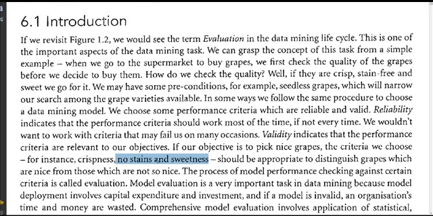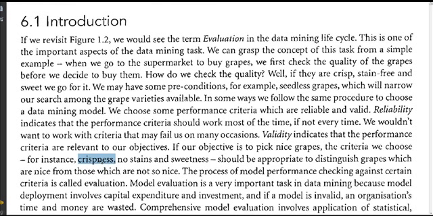So this is our test, and hopefully with our test we can see whether they're crisp, whether they don't have stains, whether they have sweetness or not. But hopefully these actually relate to whether we're going to like them or not. We might predict that they're crisp, and maybe the grapes are actually crisp, but then find out that crispness has nothing to do with what we like.